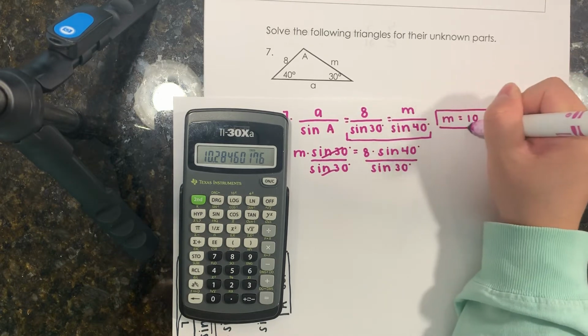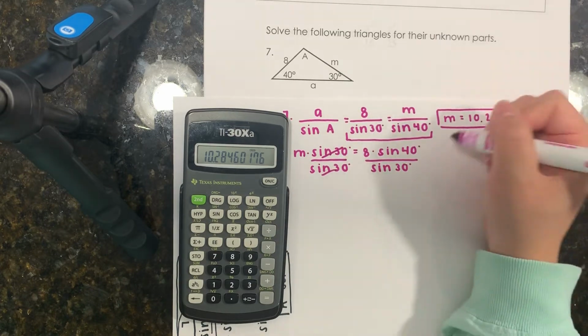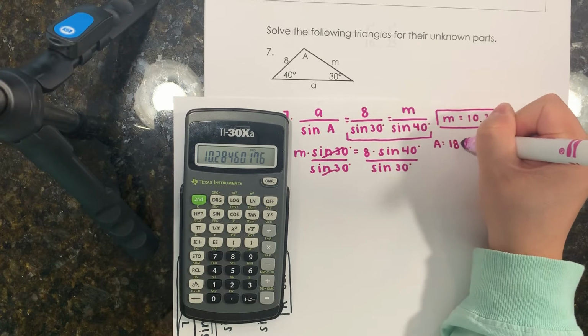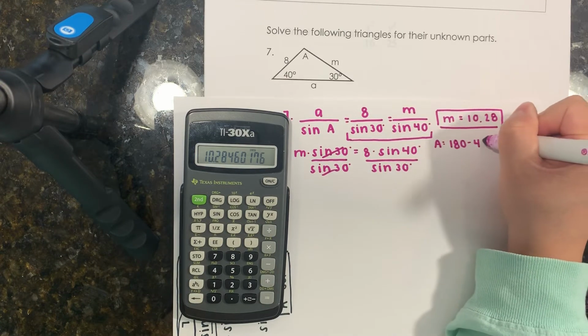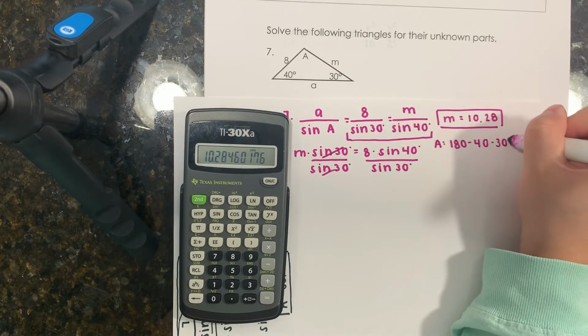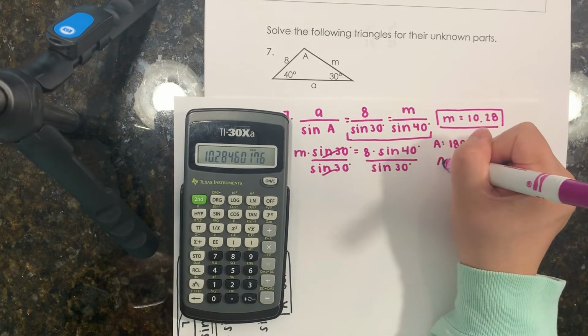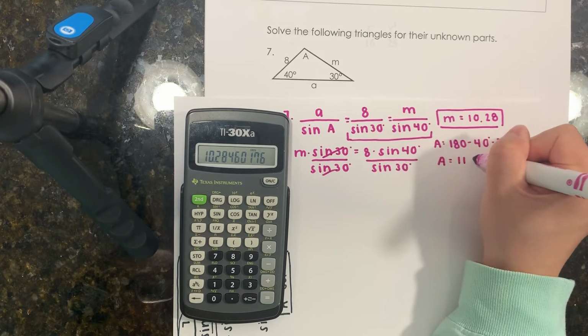Now actually, before I even started this problem, I could have solved for A, because A is going to be equal to 180 minus 40 minus 30. So I didn't even need to use my trig functions for that. So A is going to be equal to 110.